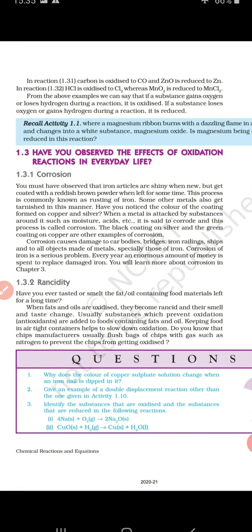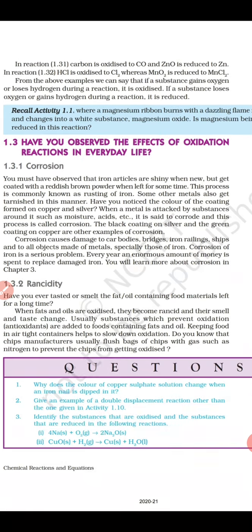The substance which oxidizes an element or compound is known as an oxidizing agent, while the substance which reduces the compounds is known as a reducing agent.